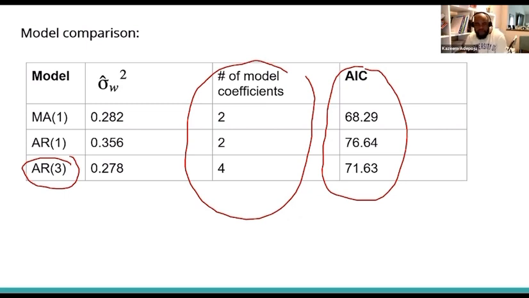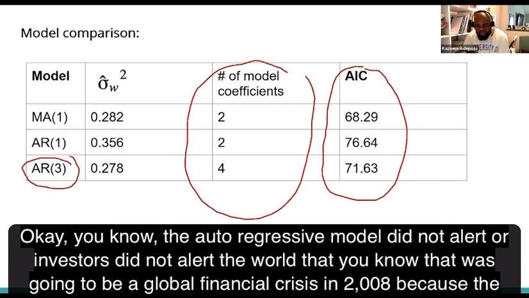You remember I told you something yesterday, that prior to 2008 we were using the autoregressive model. The autoregressive model did not alert investors, did not alert the world, that there was going to be a global financial crisis in 2008, because it was giving us the idea that 2008 was going to resemble the past.